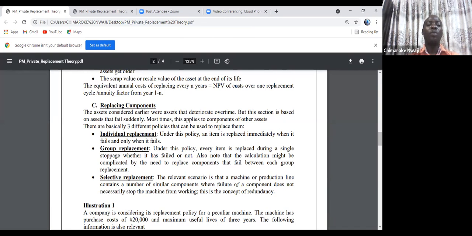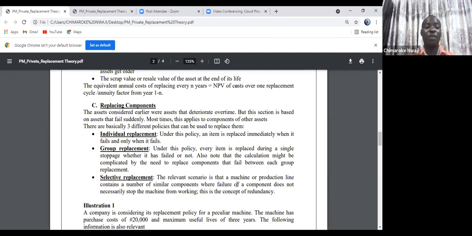Another is called a group replacement. Under this policy, every item is replaced during a single stoppage, whether the item has failed or not. So it means that if, let's say you have a clock and the clock stopped working and there are 5 batteries working that clock, you replace all the batteries, whether the batteries are working or it's just only one that has stopped, that made the whole thing stop.